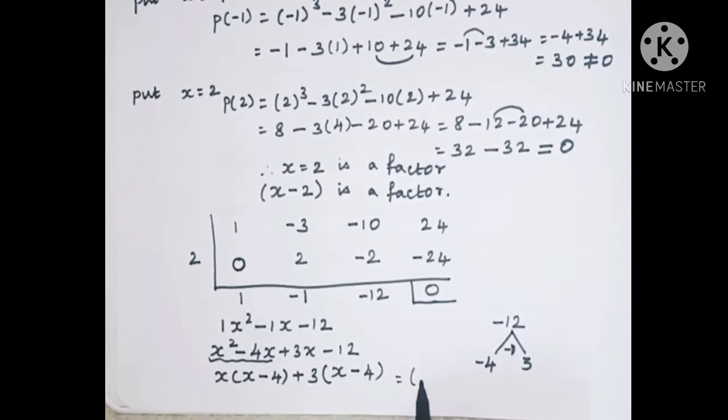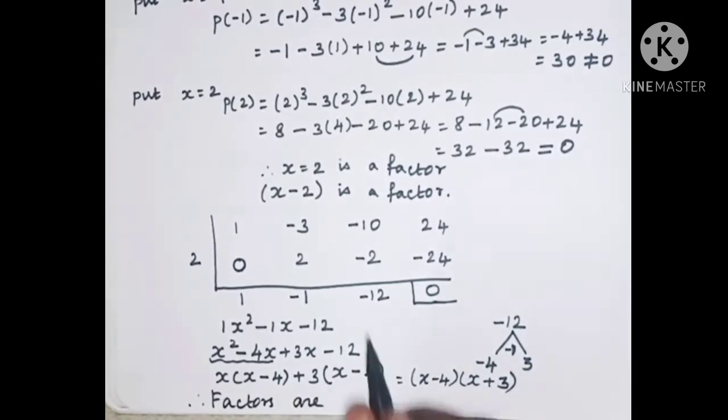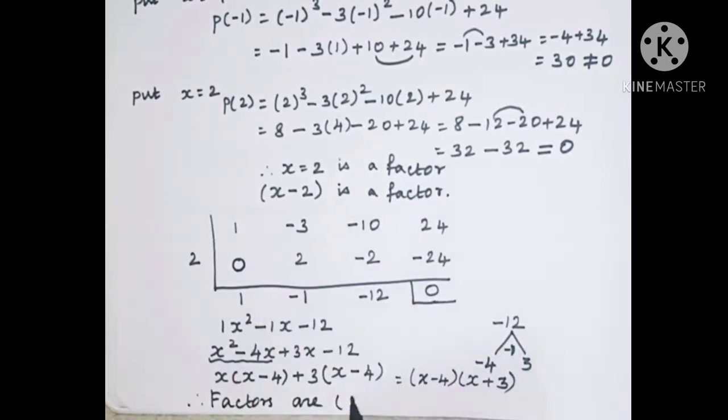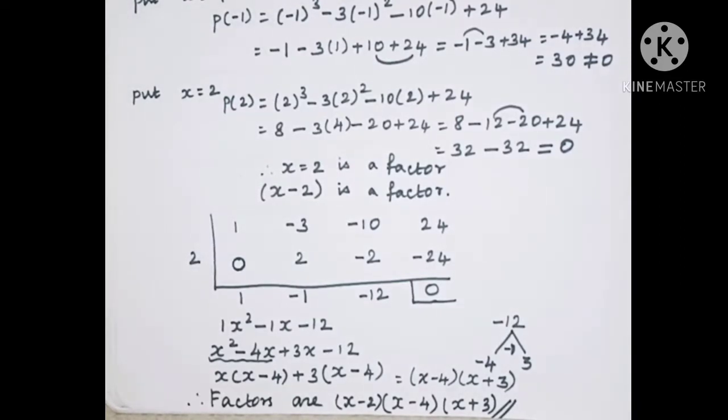So inside the bracket we have x minus 4 and outside the bracket we have x plus 3. Therefore, the factors are, already we found one factor. So x minus 2 is one factor, and x minus 4 and also x plus 3 are the factors of this sum. This is the answer for the first sum, first subdivision.